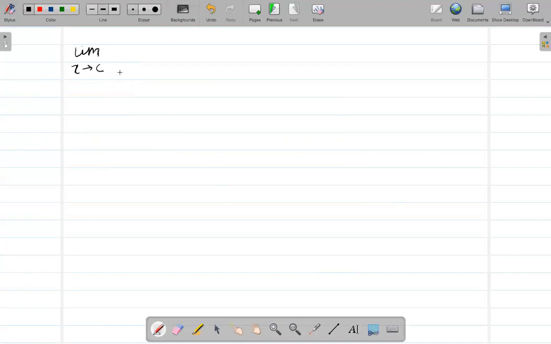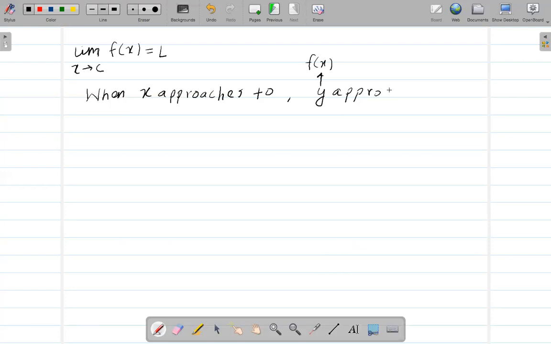Let's just say a function is approaching towards a point, then the limit of f of x is equal to L. This means that when x approaches c, y, or f of x, approaches L. Here we have f of x, so f of x approaches L. So instead of writing this whole thing, we write something like this. That's the idea of the limit.